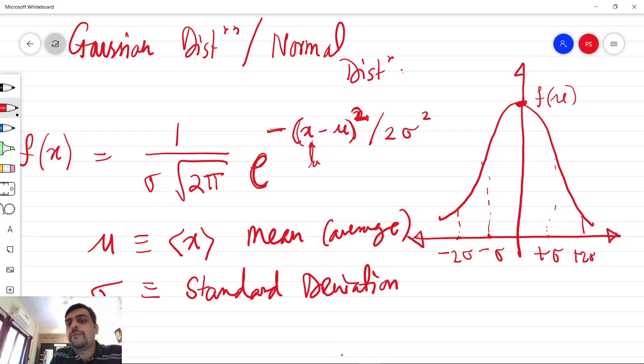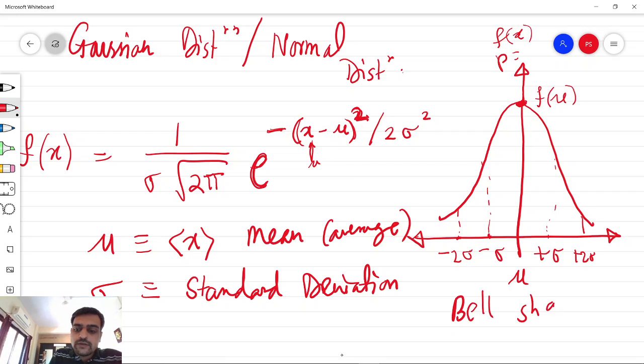Note that the probability, p, which is f of x, is maximum at the mean value mu. This is the obvious case. This curve is called a bell-shaped curve. As the name suggests, the curve appears to be shaped like a bell.